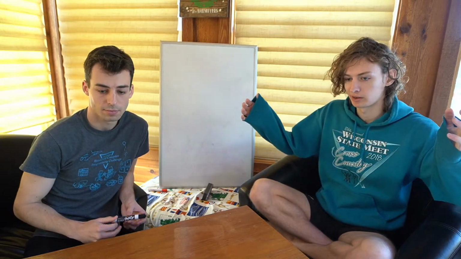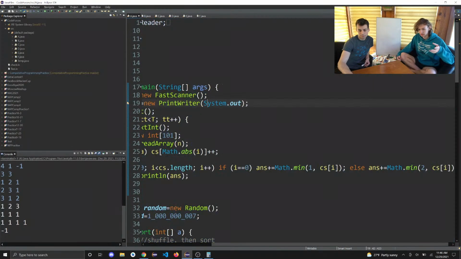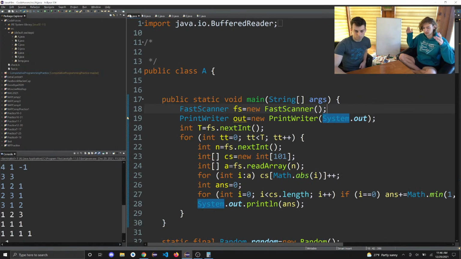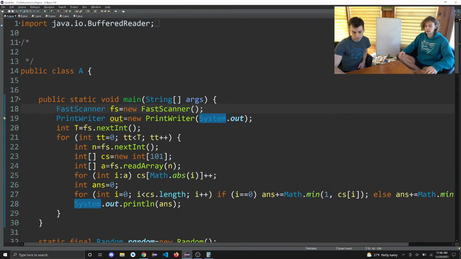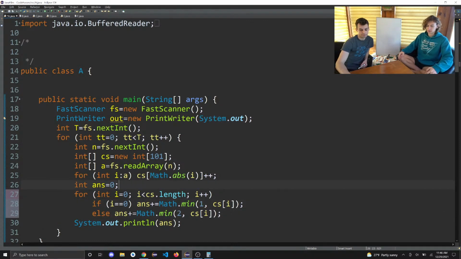It's usually a frequency array, but of the absolute value of the input. If you have only one, you add 1 to your answer. If you have 2 or 3 or anything greater than 2, you just add 2, and if there's 0, you add 0.